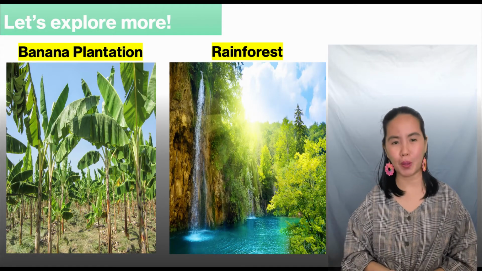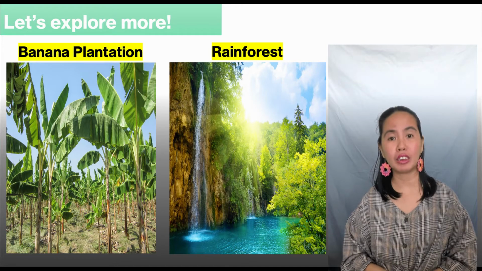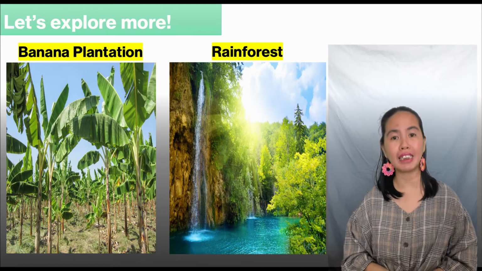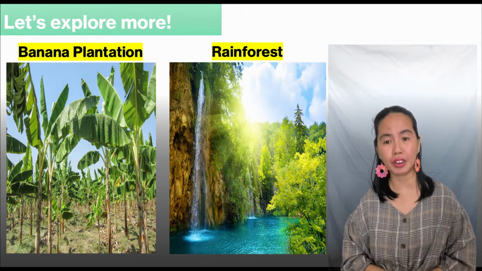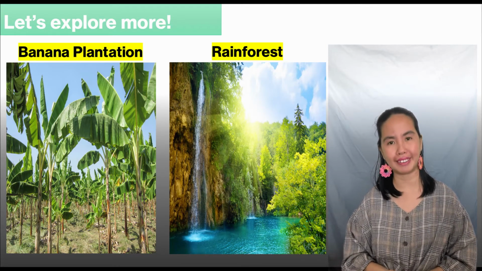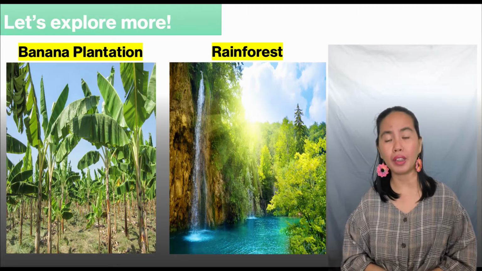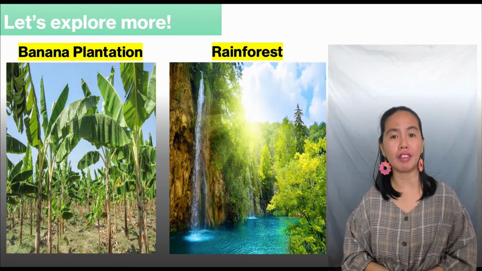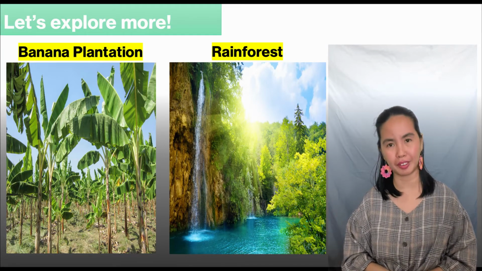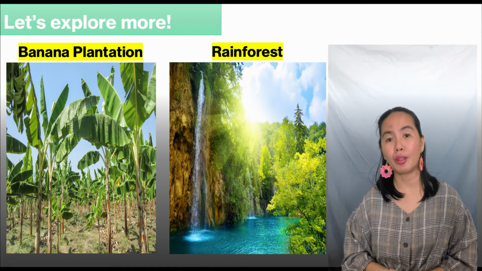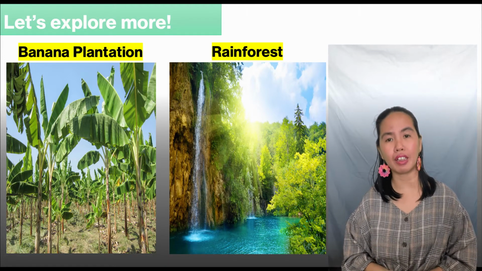Let's explore more. Let us observe the two pictures. The first picture shows a banana plantation, while the second picture shows a rainforest. What organisms or species can you find in a banana plantation? What organisms or species can you find in a rainforest?